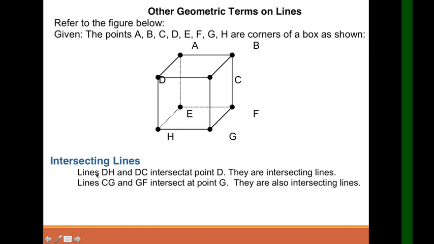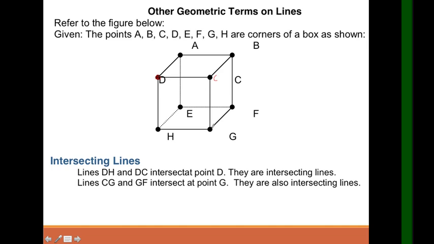The intersecting lines, lines DH and DC. Where is DC? Nawala. Lines DH and DC intersect at point D. This is C, maybe. Napunta lang dito, but this is C. Dito yung C, okay? Let me put it. Okay, so DC and DH intersect at point D. They are intersecting lines.